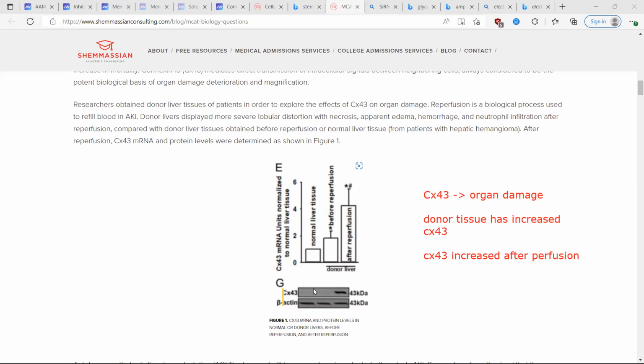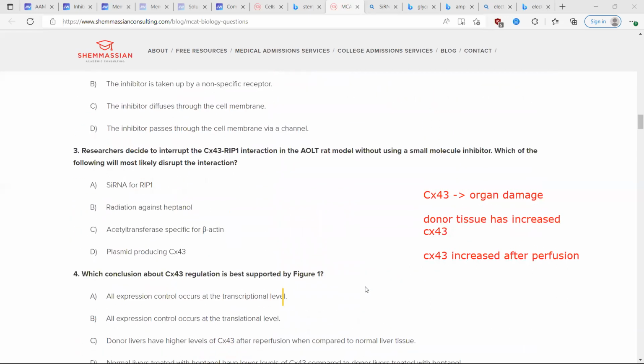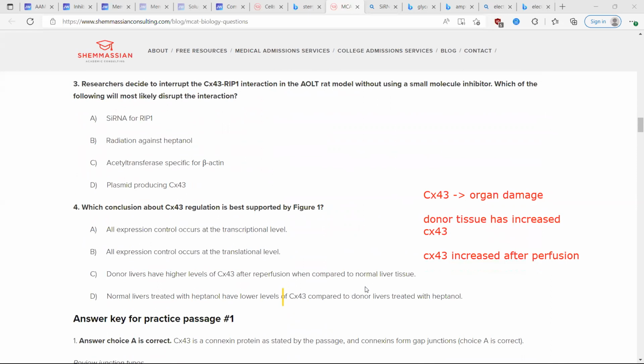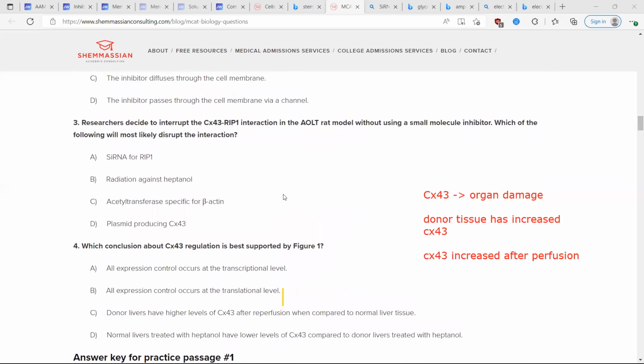It basically tells you what genes or proteins are active. So they're showing us that in beta actin, these subunits are there, but in CX43, it's only this one. That's a little bit hard to explain, and it will only make more sense when we actually talk about how the test works. But we'll talk about that.